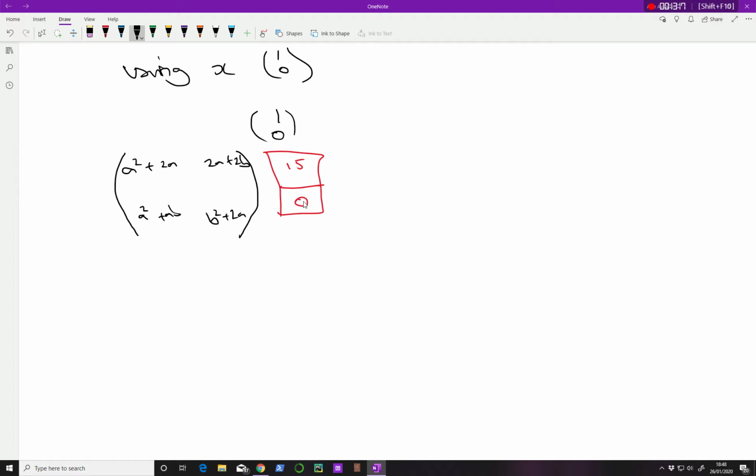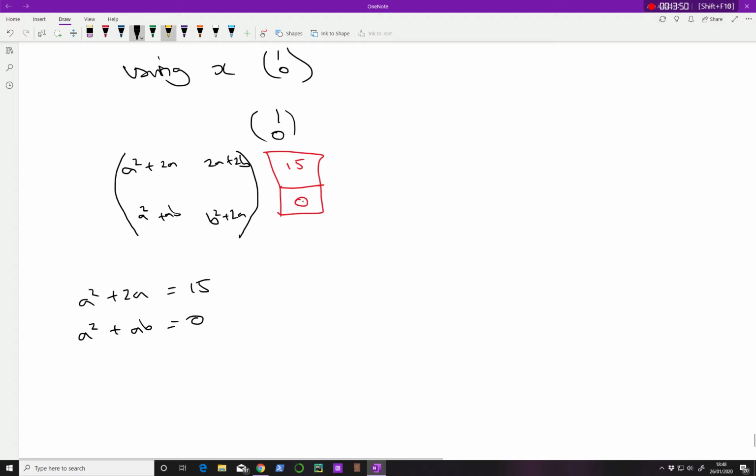So my top equation is going to be a squared plus 2a equals 15. And I ignored the 2a plus 2b because that multiplied by 0 is 0. I don't need to include it. For the bottom one, it's going to be b squared plus 2a times 0, which is 0, so I ignore that. Then move outwards, so a squared plus ab times 1 gives me 0. So my second equation is going to be a squared plus ab equals 0.